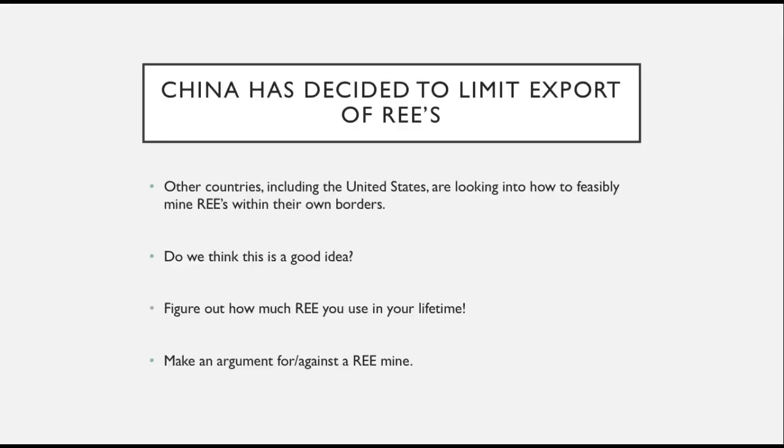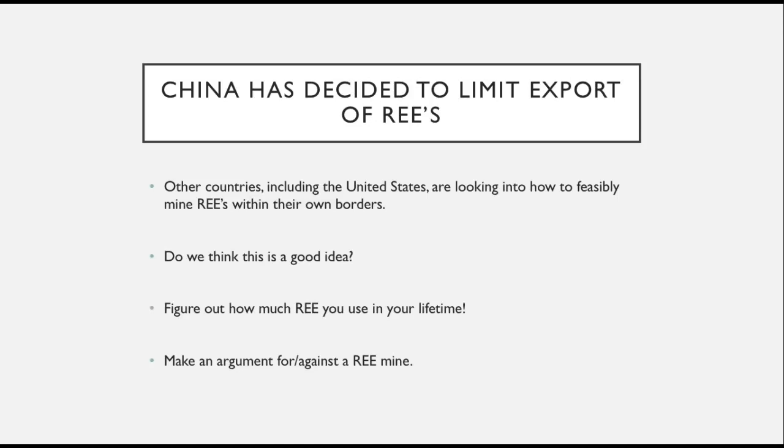Like I said, China has decided to limit the export of their rare earth elements. So other countries, including the United States, are looking into how to feasibly mine rare earth elements within their own borders. Do we think this is a good idea? That's up for you to decide, and part of this week's lab. The first part is you're going to figure out how much rare earth element you use in your lifetime.